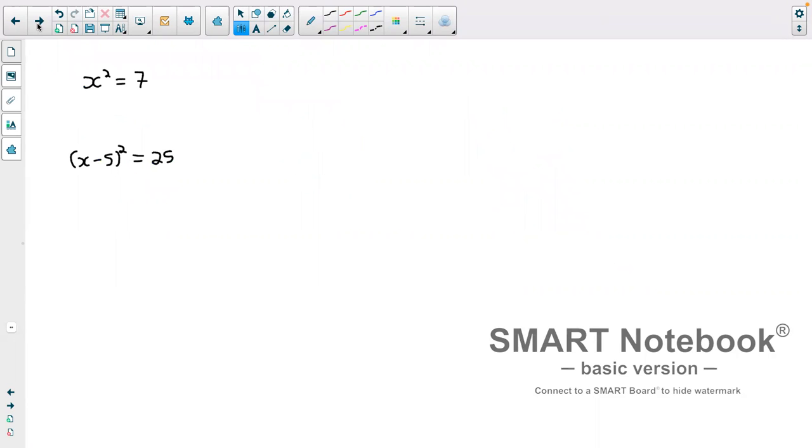Next, we have x squared minus something equals 7. If we go to take the square root of this, we can't get this broken down anymore. So we'll say x is equal to plus or minus root 7.